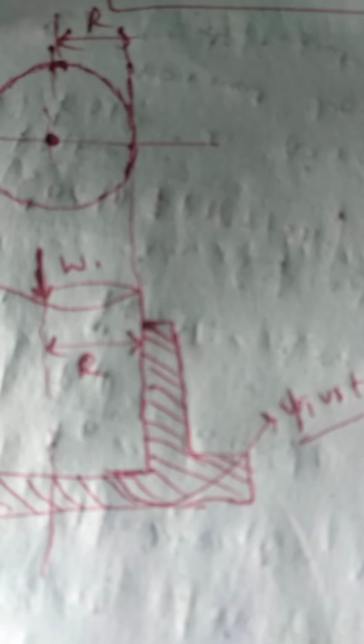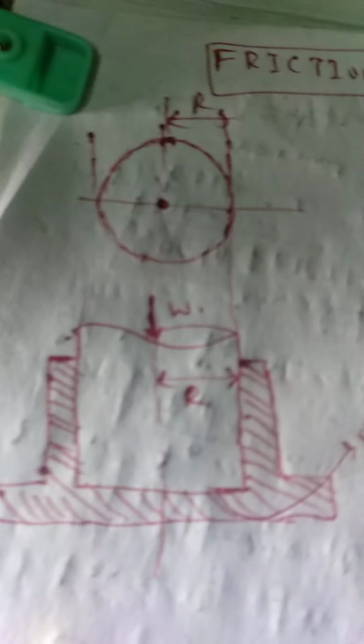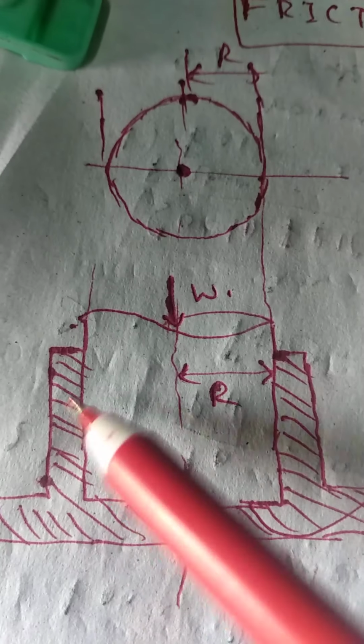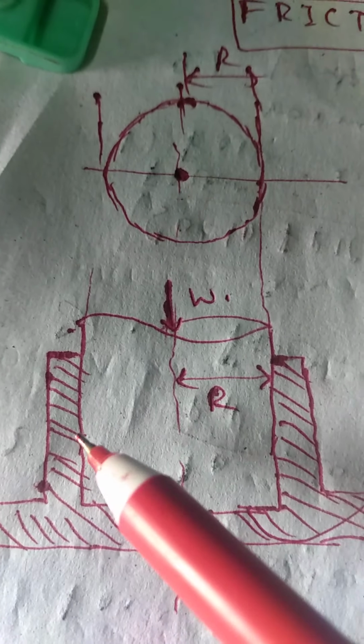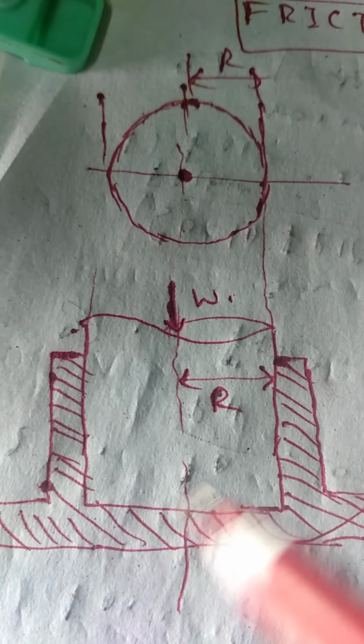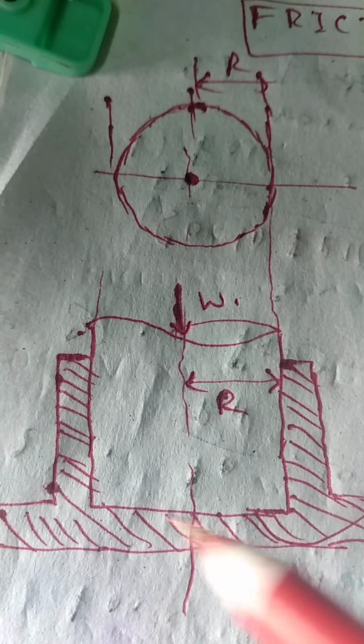Now it is a very common fact that when the bearings are new, there is sufficient contact between the shaft and the bearing over the whole surface. But over time, due to wear and tear, the contact between the shaft and the bearing may not exist fully.